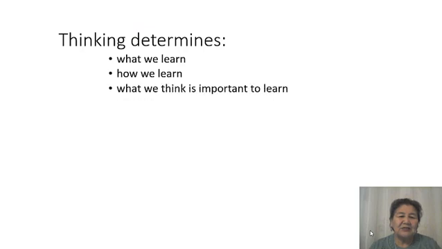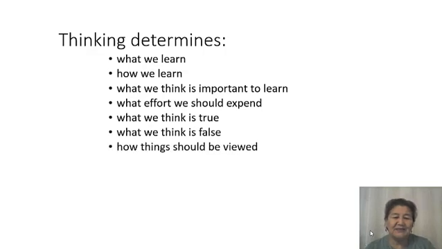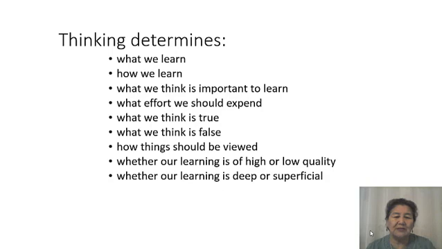Critical thinking determines what we learn, how we learn, what we think is important to learn, what effort we should expend, what we think is true, what we think is false, how things should be viewed, whether our learning is of high or low quality, whether our learning is deep or superficial.